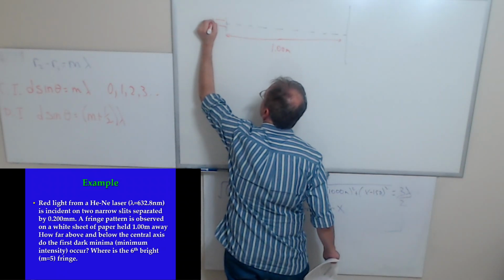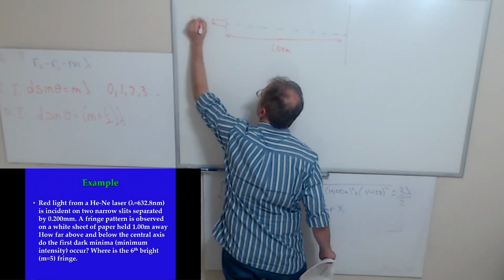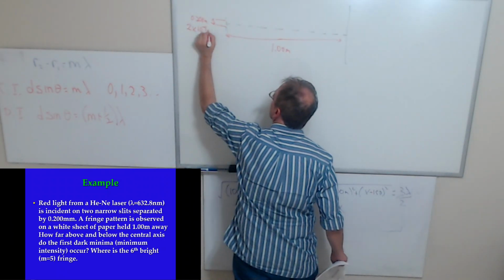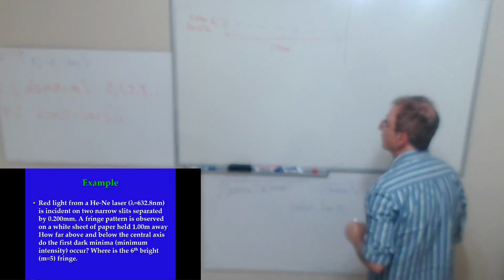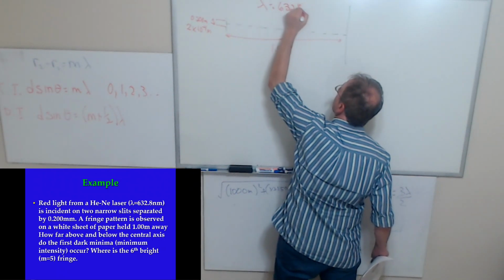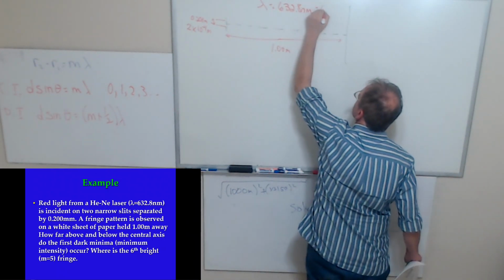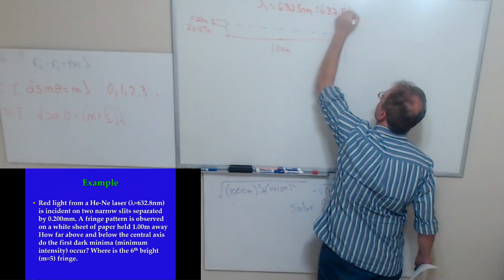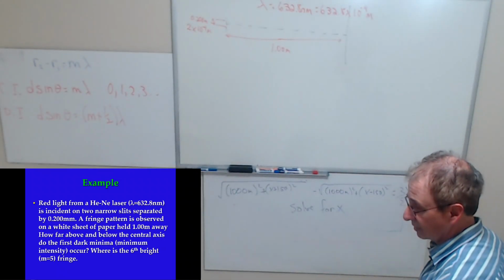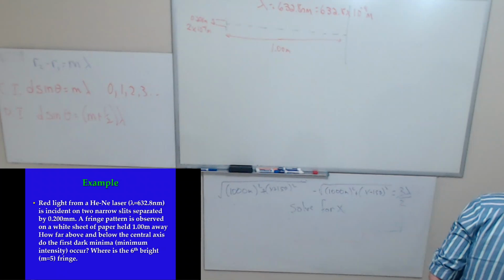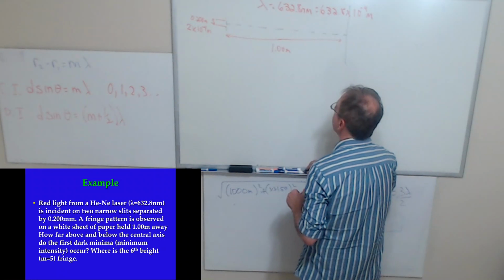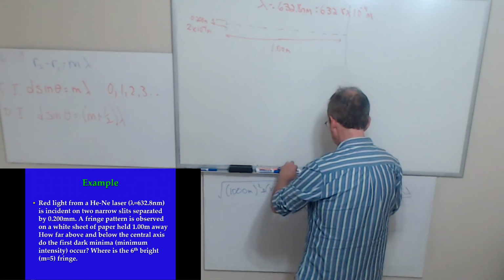This separation, not to scale, 0.2 millimeters, which is 2 times 10 to the minus 4 meters. Lambda, 632.8 nanometers, which is 632.8 times 10 to the minus 9 meters, because a nanometer is 10 to the minus 9 meters. Let's find the location of the first minimum.